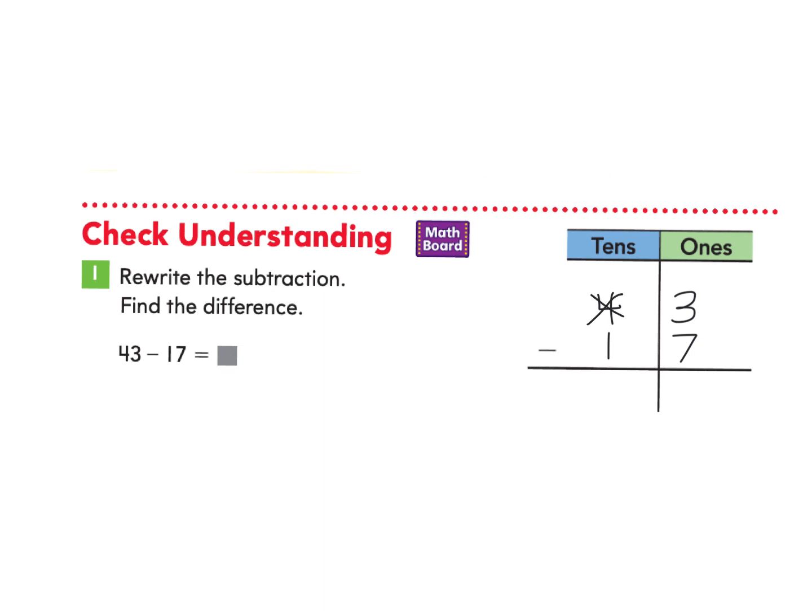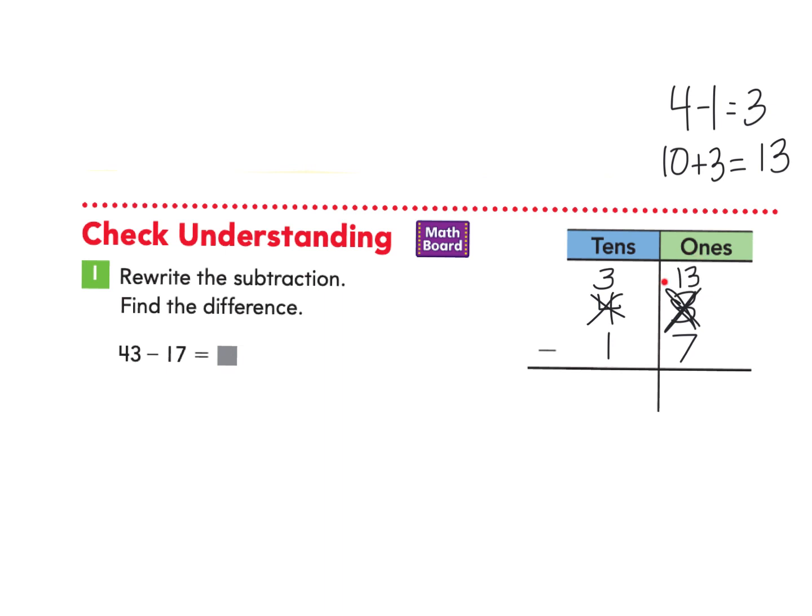We'll cross off the 4. 4 take away 1 makes 3, so we have 3 tens here, and then we bring those 10 over and we add it to 3 ones, which is right here. So we're going to say 10 plus 3, and that makes 13. So we don't have 3 anymore, we have 13.